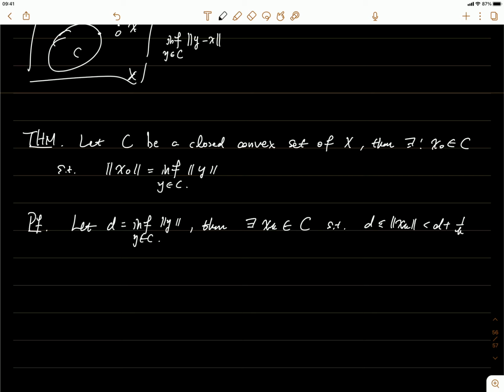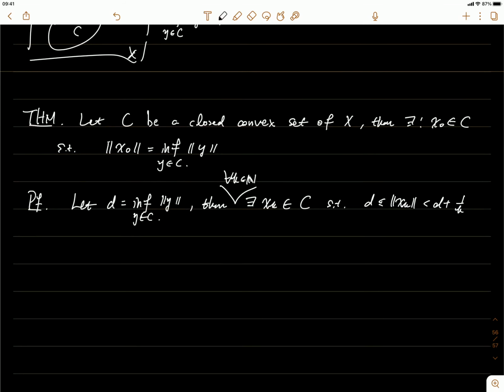Now why is that? That's because of the infimum in our definition for D, right? Since D is the infimum, for any epsilon I can find something between D and D plus epsilon, and that epsilon is my 1 over k now. So for any k I can do this.